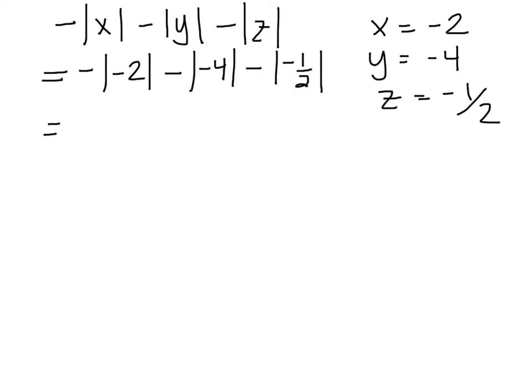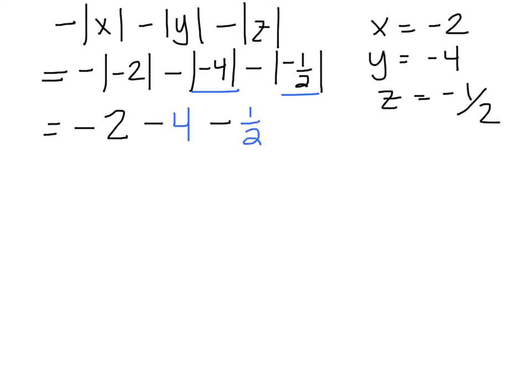So I'm going to leave all these little subtraction signs there. Now we have to solve the absolute value of negative 2 is 2, minus, what is the absolute value of negative 4? It is 4. And then we leave our subtraction sign, and the absolute value of this negative 1/2 is 1/2.